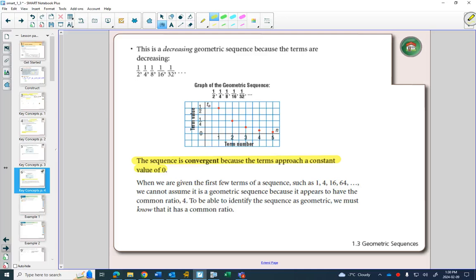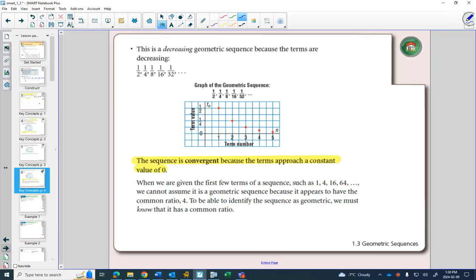What if you have a sequence that starts off like, say, negative 1, and it keeps going up, but it keeps getting closer to 0? That would be convergent as well. So it doesn't have to be decreasing to be convergent.